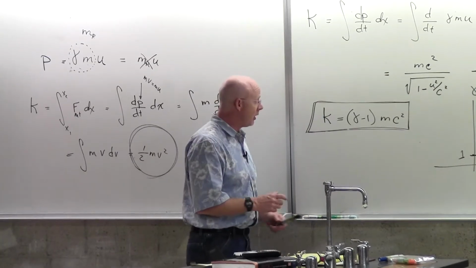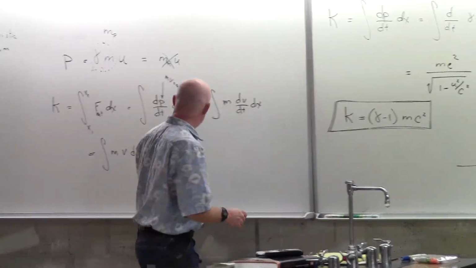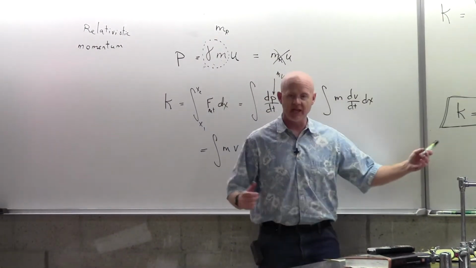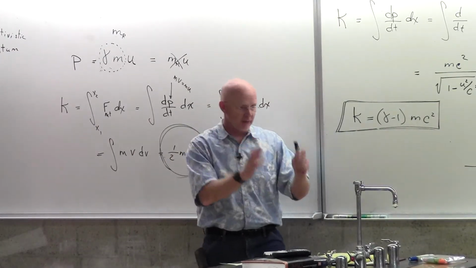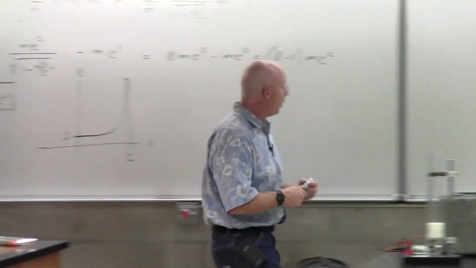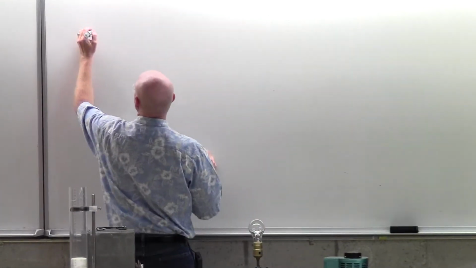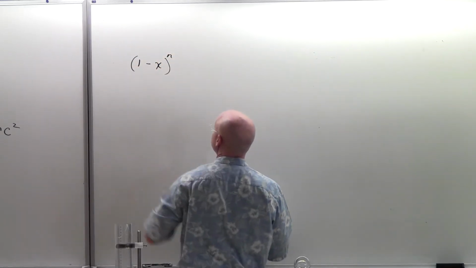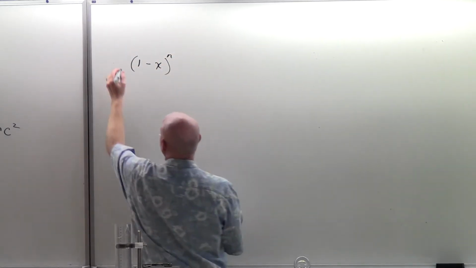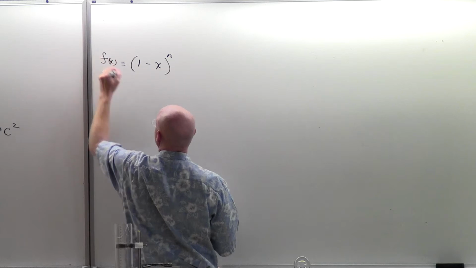Point number 2, though, it's probably worth seeing that these really are the same looking equations. I know it doesn't look like it, but let's go and look at the function 1 minus x raised to a power of n. Let me call this just f of x for a moment.